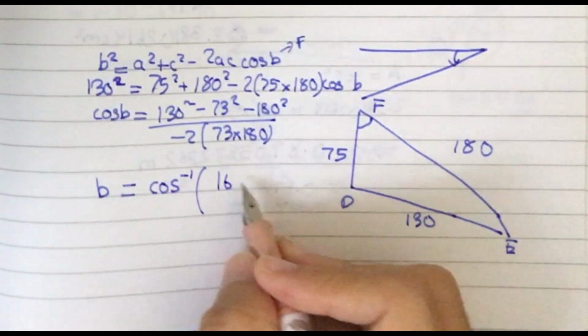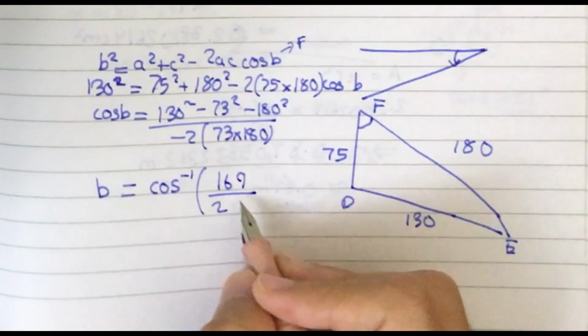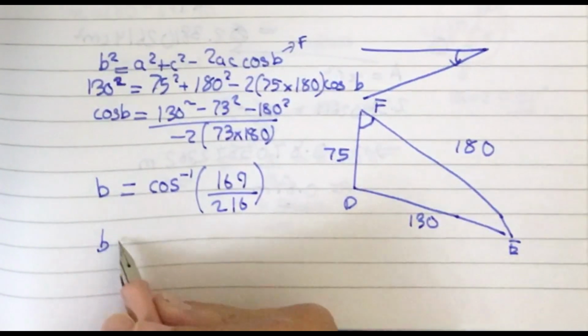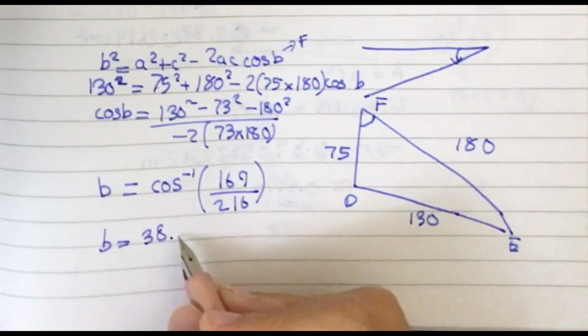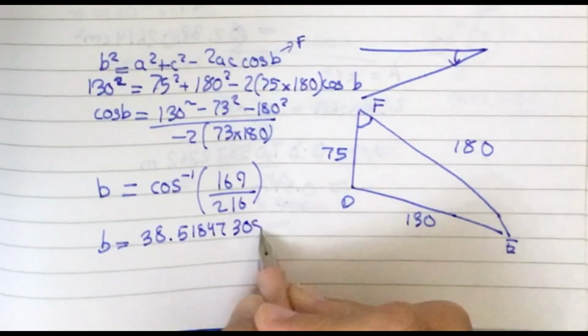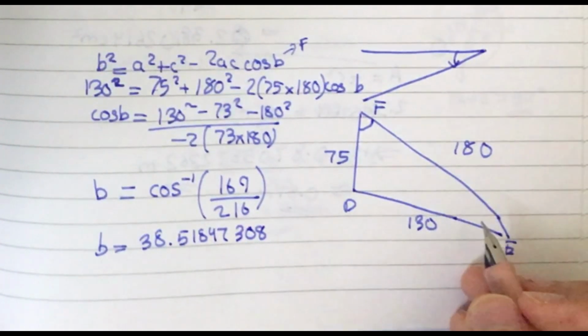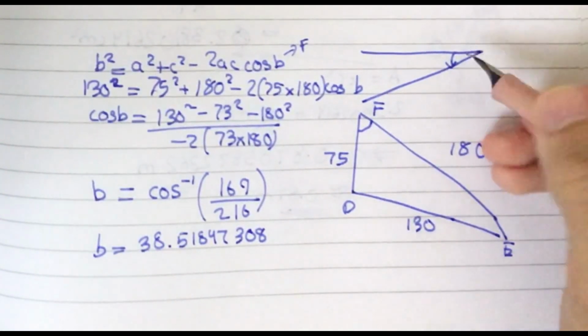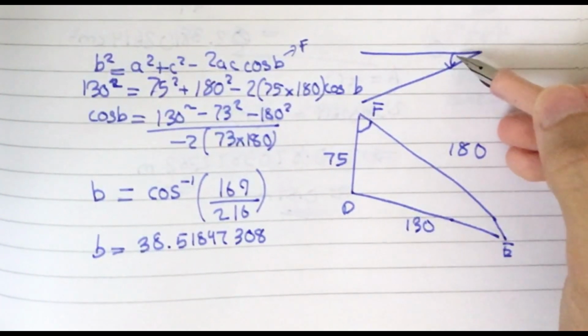I wrote it in fractions, so it's 169 by 216. So you will get your B angle finally as 38.15847308.